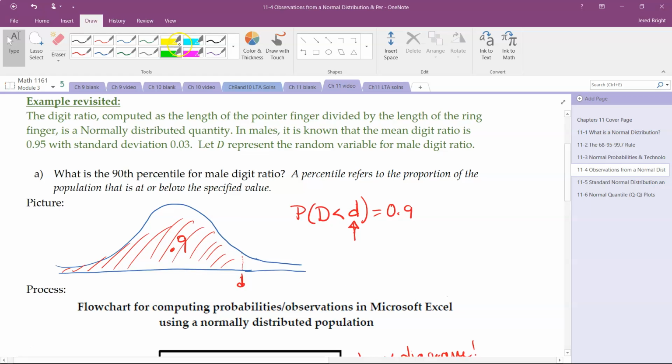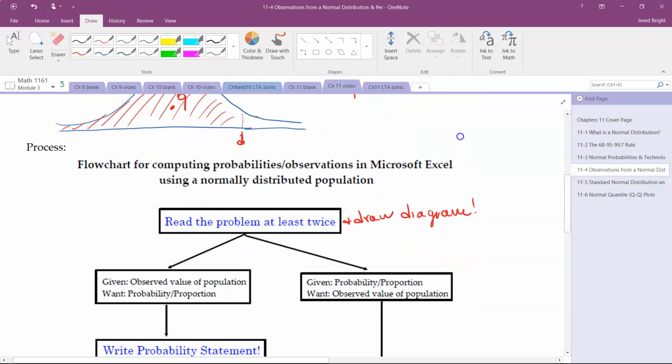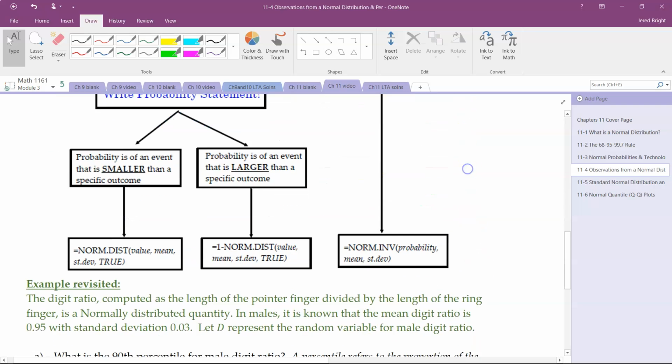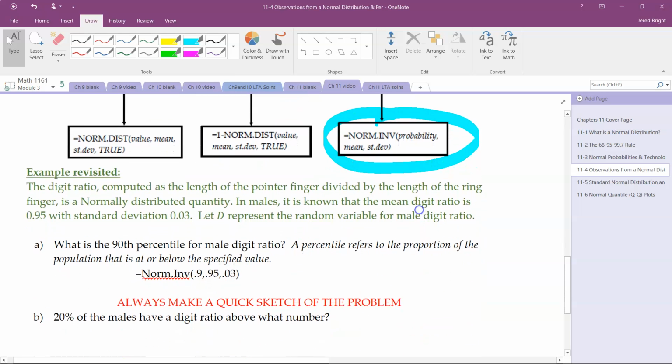I am given a percent or a probability, and I need to find a value, an observed value. I'm given the probability or proportion. So here's the command that I need to use: norm.inv, norm inverse. Then we'll insert the probability, mean and standard deviation, no true with this one. So here's the command that I would use.